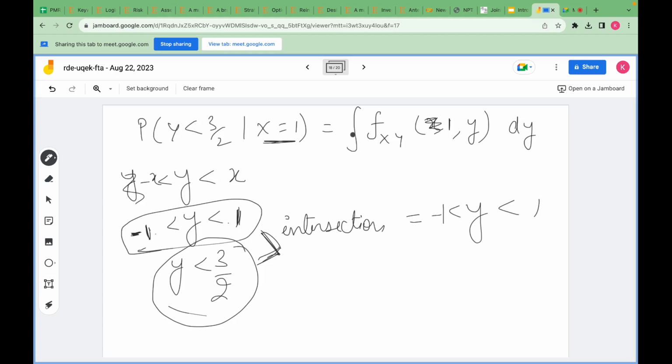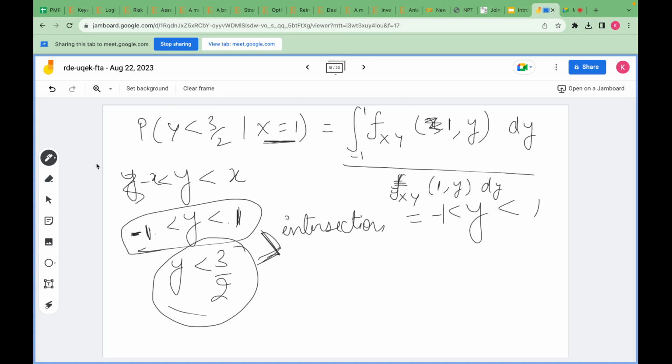Right? So this will vary from -1 to 1, and here we can write this as the probability of x, y, given that x is y, and differentiating it with respect to y.